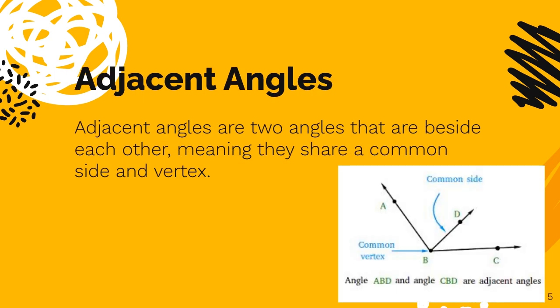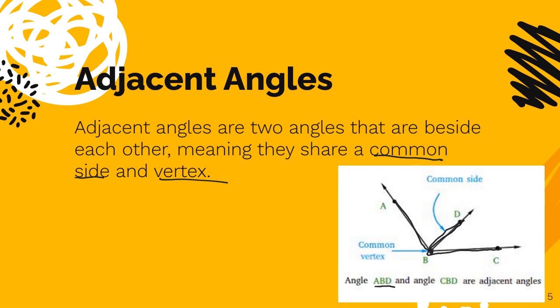And now adjacent angles. Adjacent angles are two angles that are beside each other, meaning they share a common side and vertex. So our common vertex is a point that they share. And then a common side would be one full side that they share. So I would have two angles here. I have angle ADB, and then I have angle DBC.